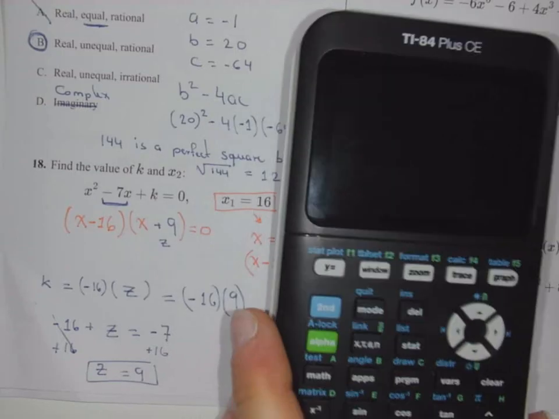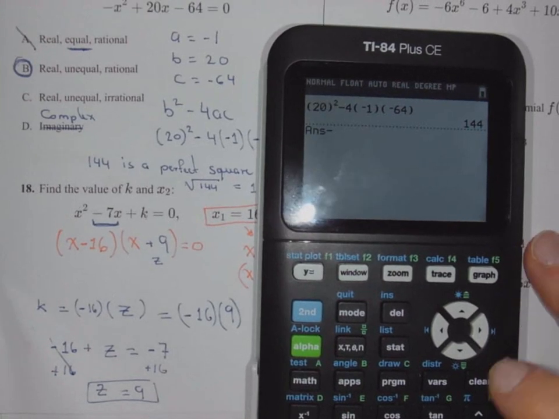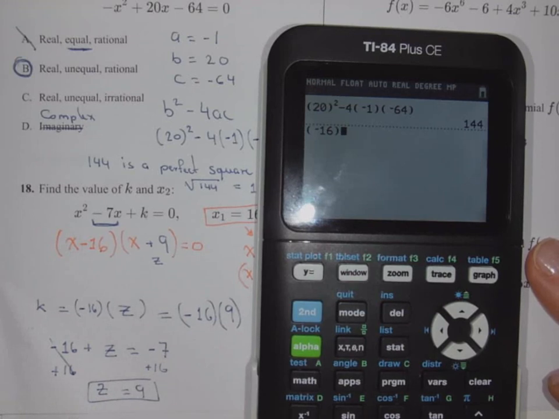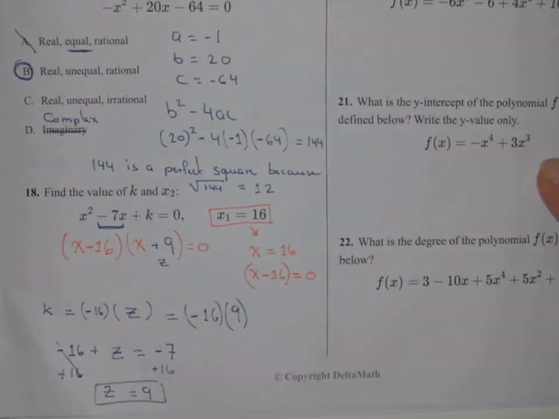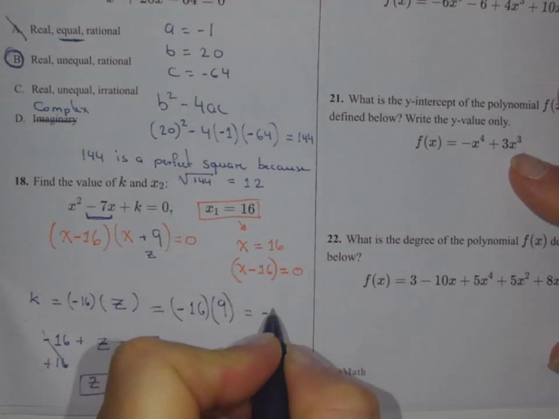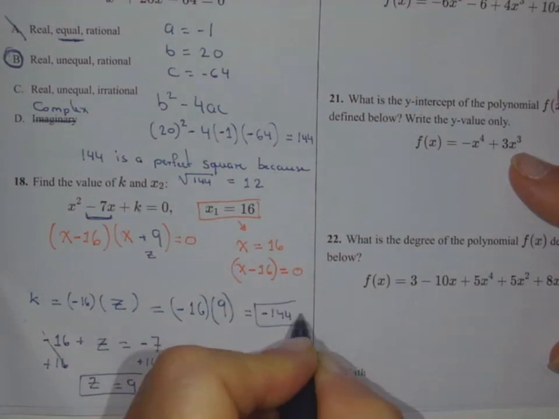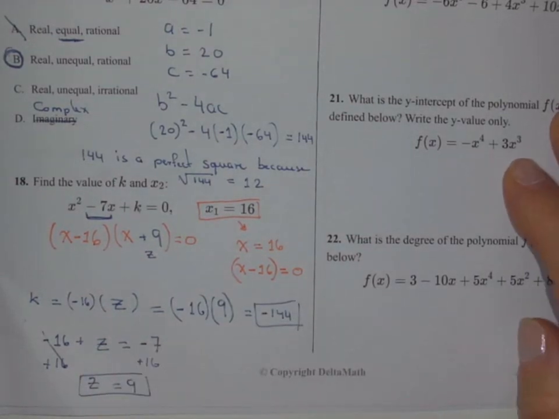And then we're going to call our tool here, our calculator. We're going to do negative 16. Notice how I always put my parentheses around those, right? I don't want to mess up anything with my order of operations. And it's negative 144. So k is negative 144.